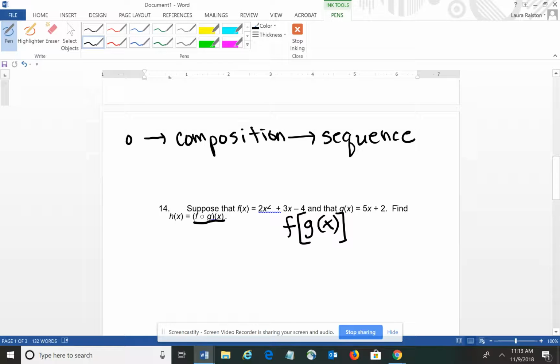And so I want to try to color code this so that hopefully you can kind of see what's happening. So we're going to write function f in red and function g in blue. So if we begin this process, we plug x into g, and we get 5x plus 2.